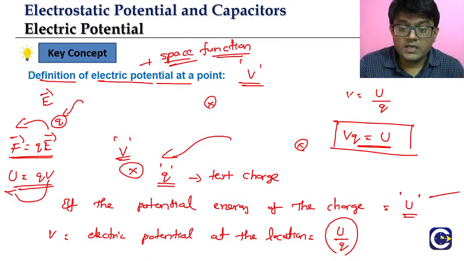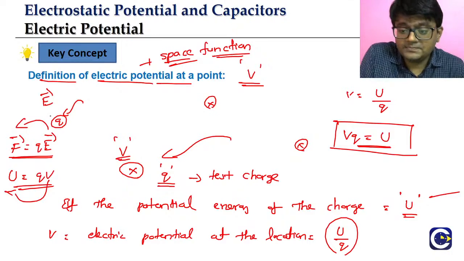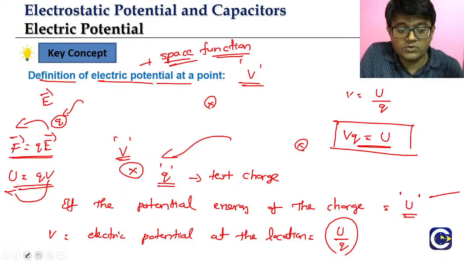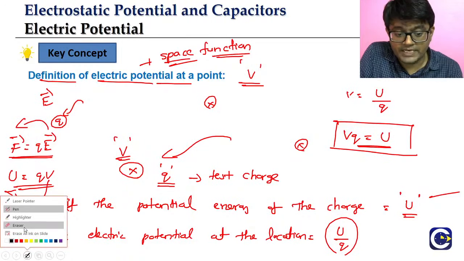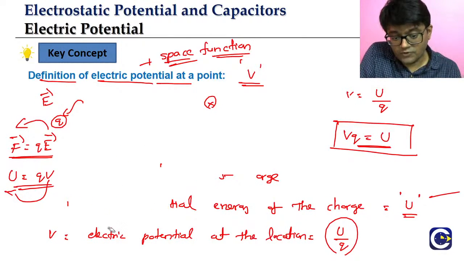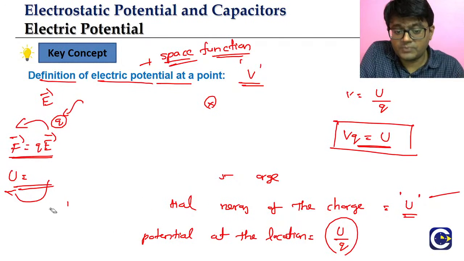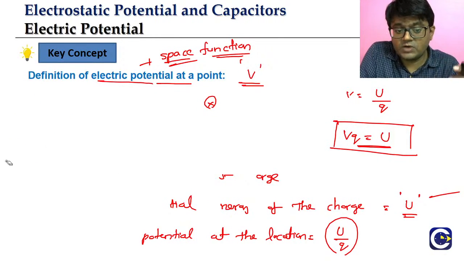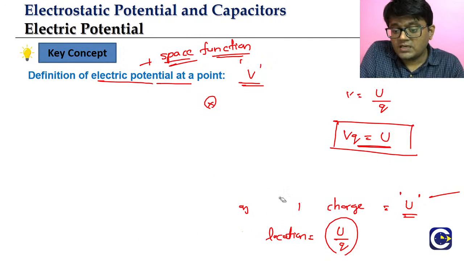Now, whenever we see a new physical quantity, I told you that we have to ask two questions: what is the SI unit of that physical quantity, and what is the dimensional formula, because these are two very prominent things. So what is the SI unit of electric potential and what is the dimensional formula?